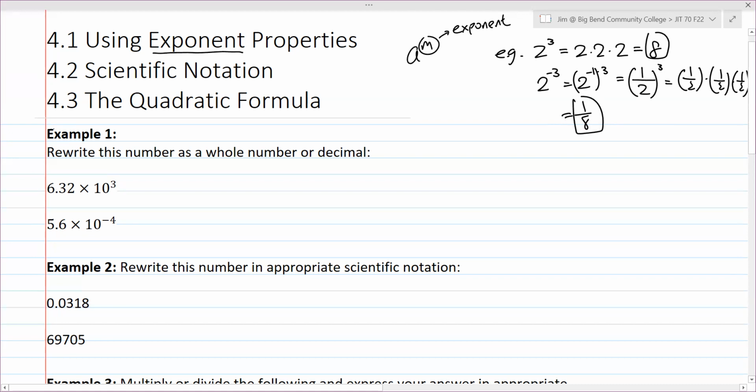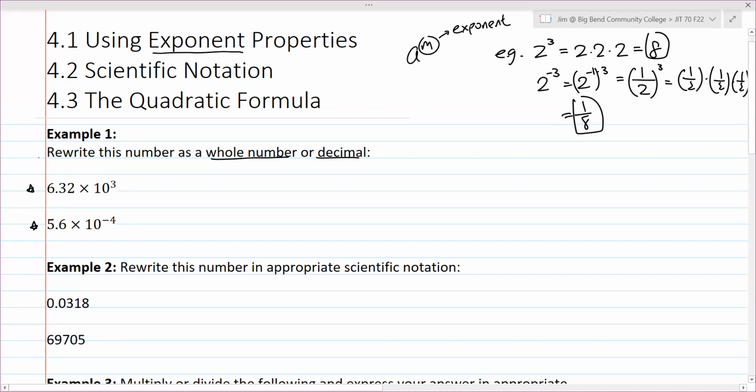Next, we can start the example. Example 1: rewrite this number as a whole number or decimal. First of all, you'll have the number given. Sometimes when you have a number given in this way, we have to know that these are numbers in scientific notation: a factor, 6.32, times the multiplier, which is 10 to the 3.